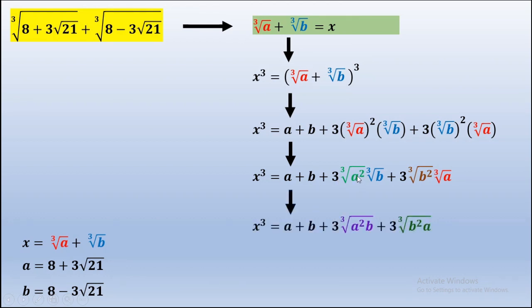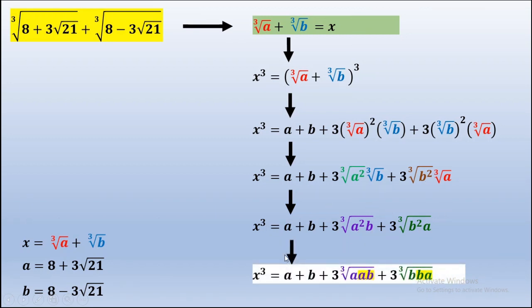Now again this a square and this b are both under cube root, so I can bring them together under one cube root. So this becomes cube root of a square b and this becomes cube root of b square a. Finally, a square can be written as a into a and b square as b into b. So finally I got x cube is equal to a plus b plus 3 times cubic root of aab plus 3 times cubic root of bba.